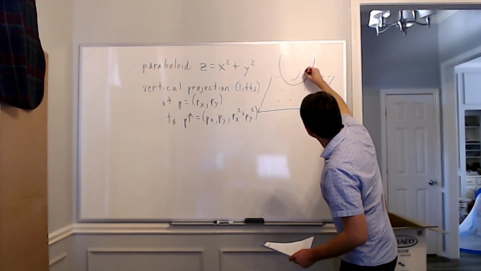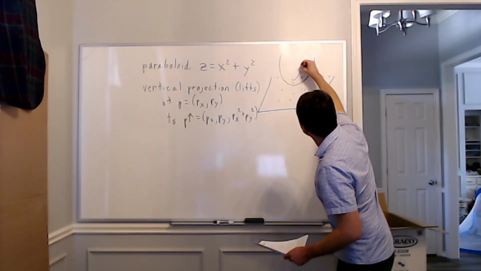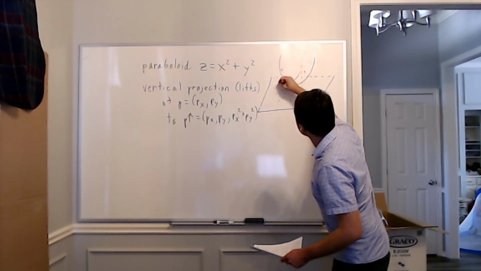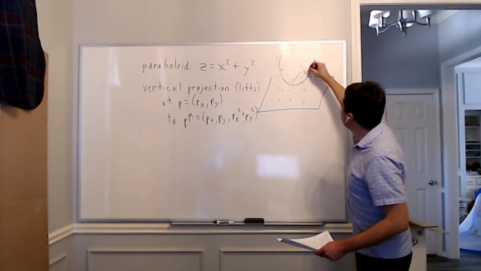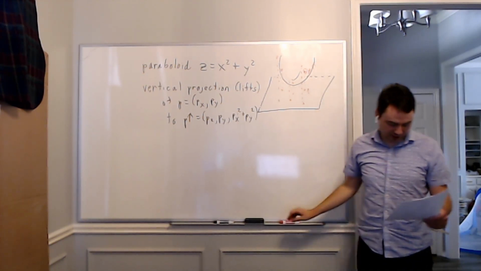So you can imagine shooting some rays straight up onto the paraboloid, and you get the lifts of these points down in the plane.